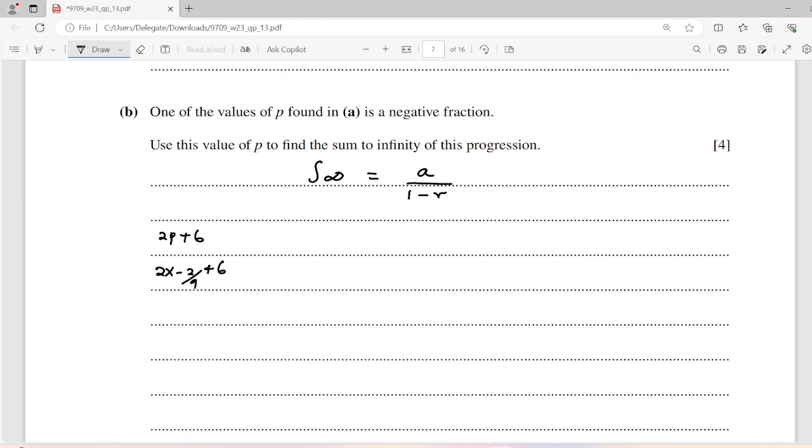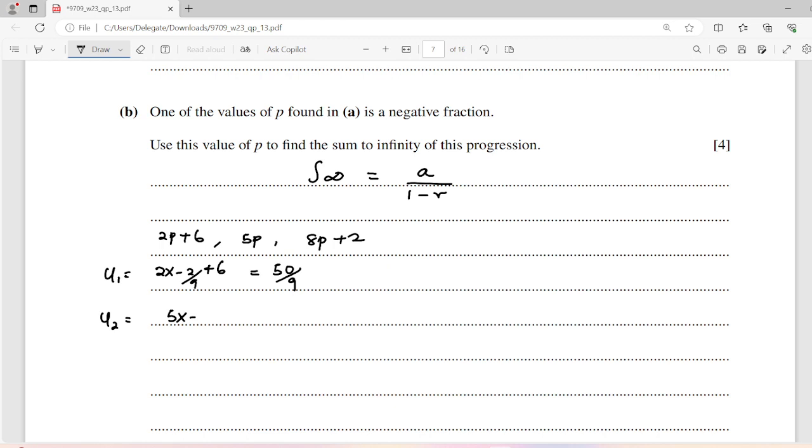Then we need to get the common ratio. We had our first term as 2p, second term as 5p, and then the third term as 8p plus 2. How do we get the common ratio? Next, divide by previous. Here, 5 times p, so the second term is 5 times negative 2 over 9, which is simply negative 10 over 9.